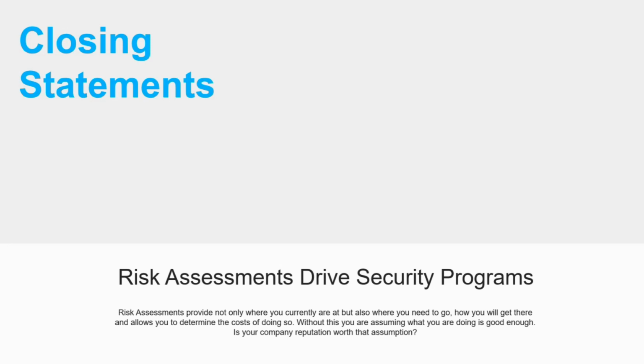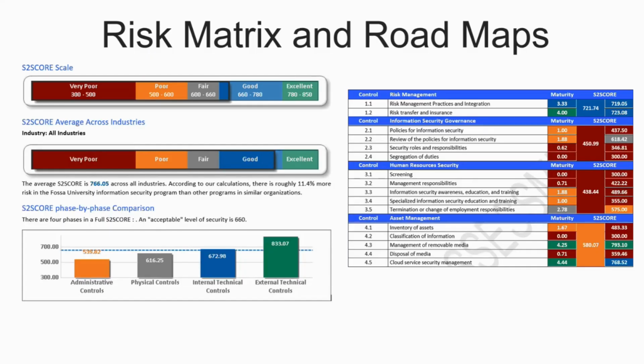If you have a really bad section, like ranking really good on the physical, internal, and external, but really poor on the administrative, I would focus on getting that administrative piece resolved before you jump up to the next level, because this will hold you back. So it depends on how you score.